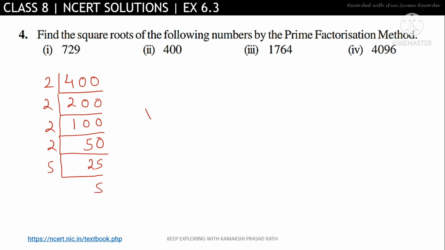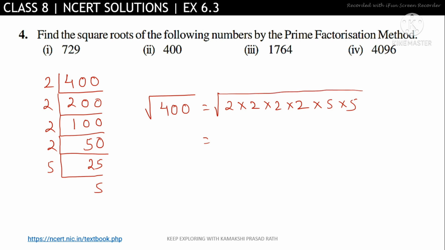Hence when we take out the square root of 400, in place of 400 we will write the prime factorization, that is 2 multiplied by 2, 2 and 2, 4 times 2, and 2 times 5. Now our work is to find the square root of these prime factors. So we will pair them. This is one pair, second pair, and this is the third pair.